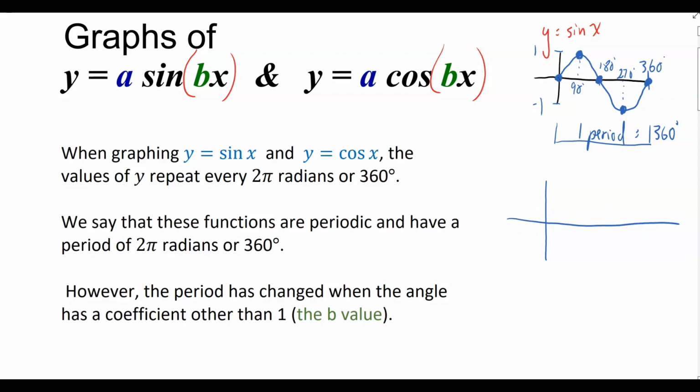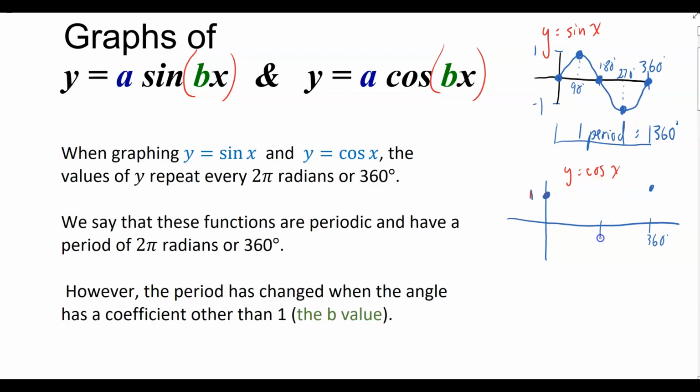And for cosine x, let's write that one down. We've got y equals cosine x. We'll graph it also. It starts on a maximum at 1. So we'll do this in blue. It ends on a maximum after 360 degrees.